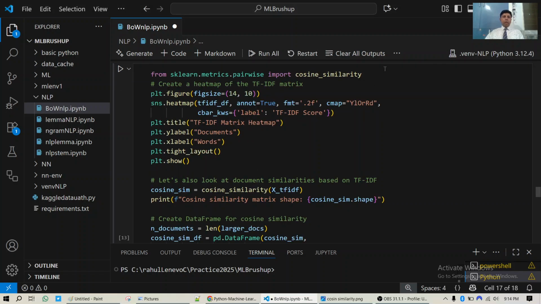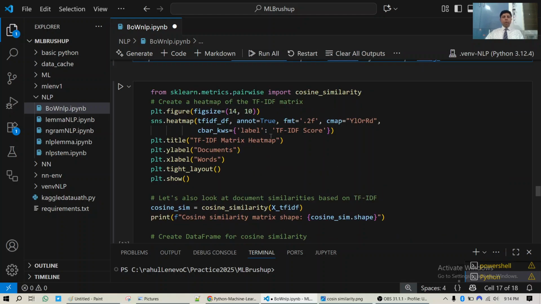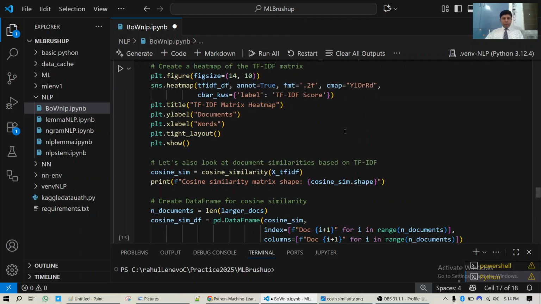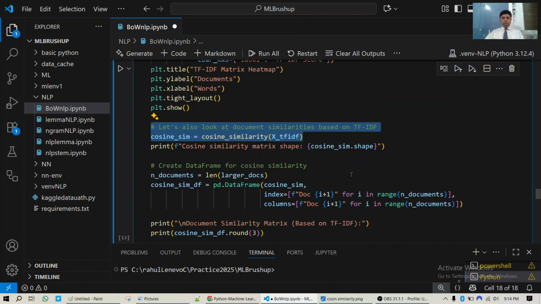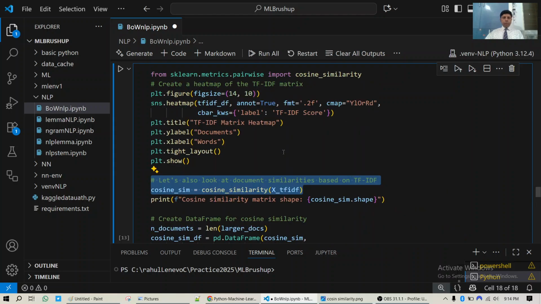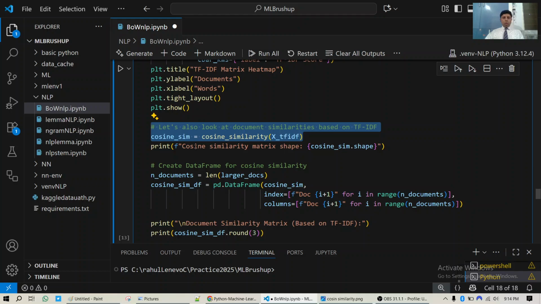Now, friends, let's go and see how we can visualize this TF-IDF matrix as a heat map. I have plotted one heat map with the help of matplotlib, and I have used these vectors, and we are going to calculate the cosine similarities as well.